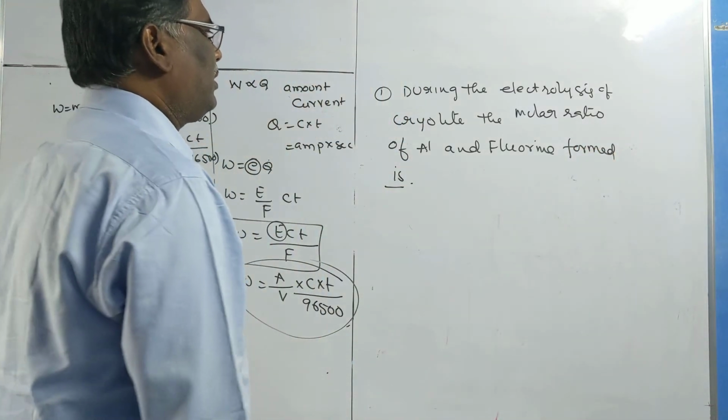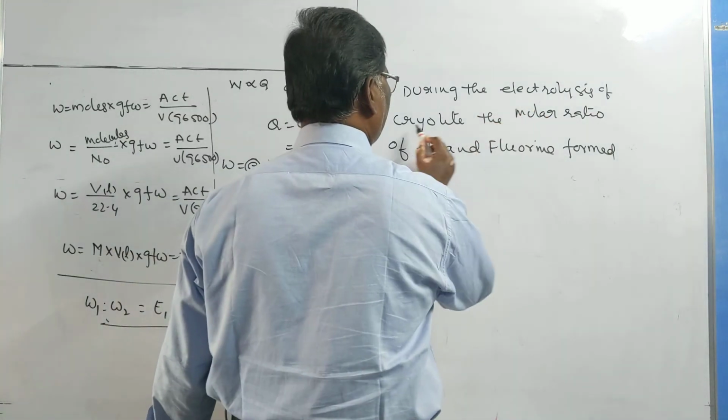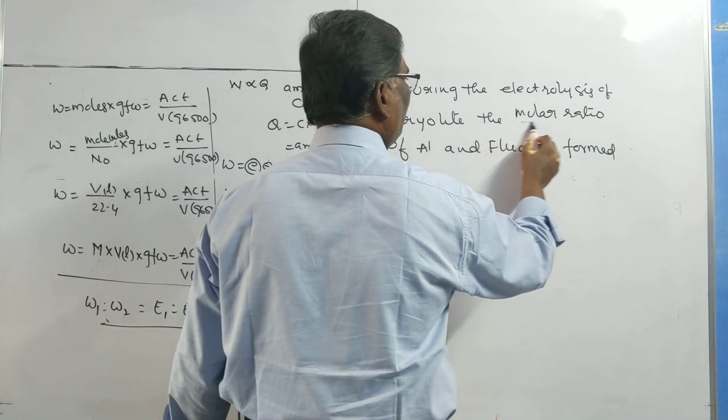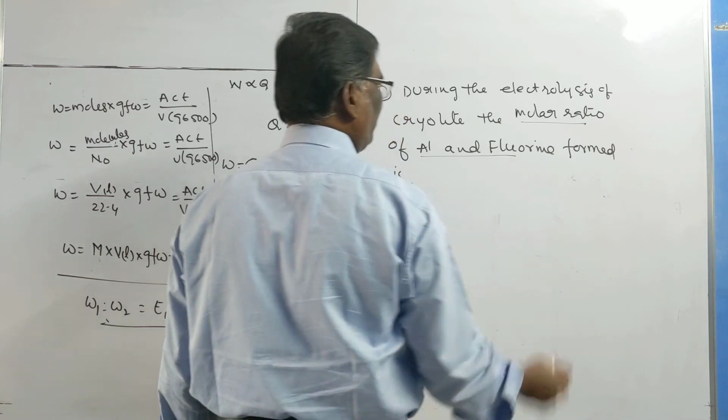Okay, this is the problem. During the electrolysis of cryolite, the molar ratio of aluminum and fluorine formed.